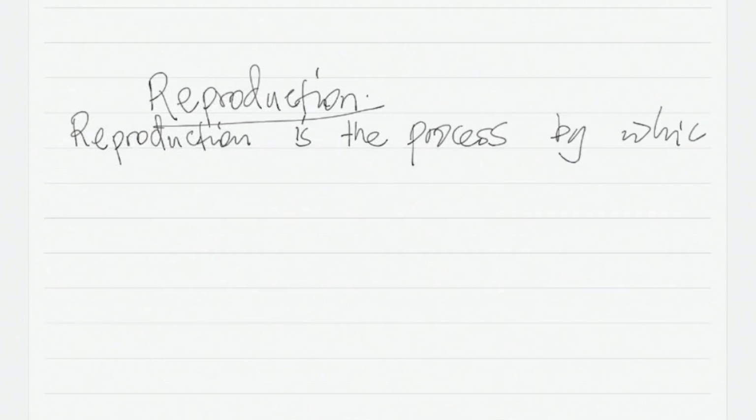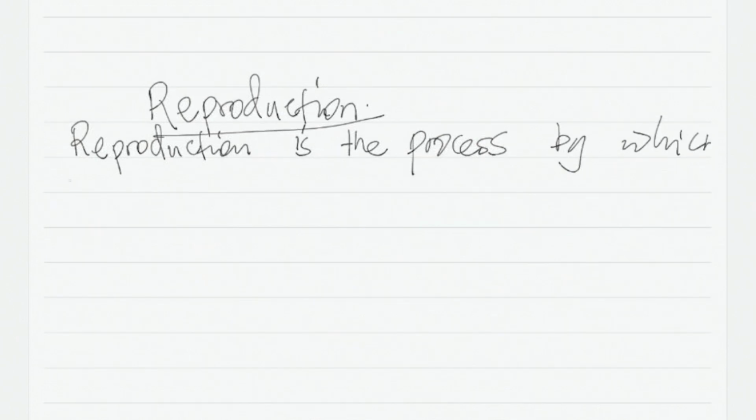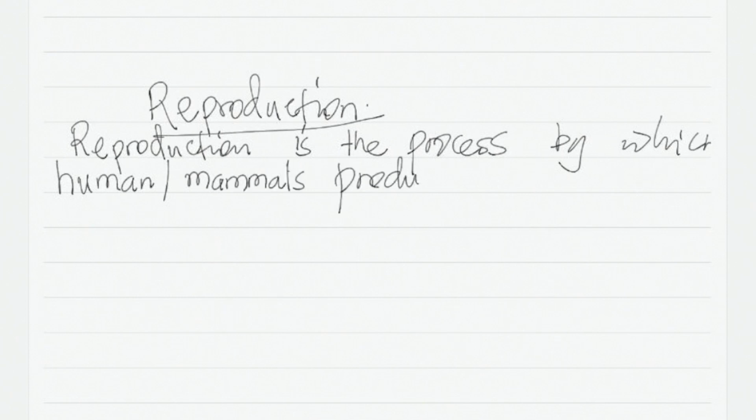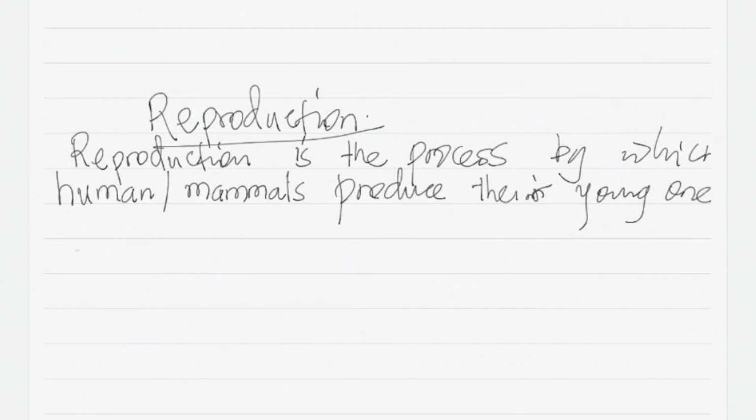is the process by which humans or mammals produce their young ones, or offspring.